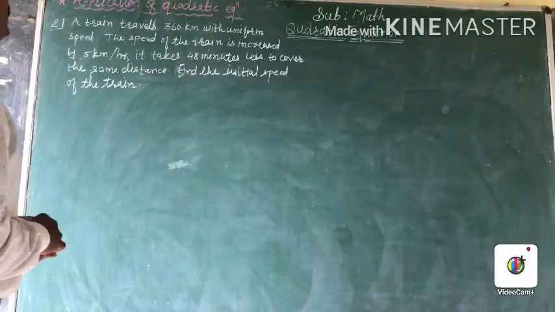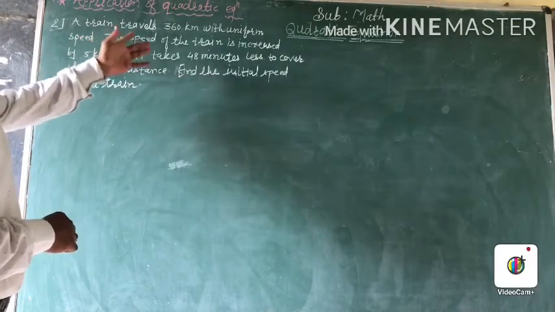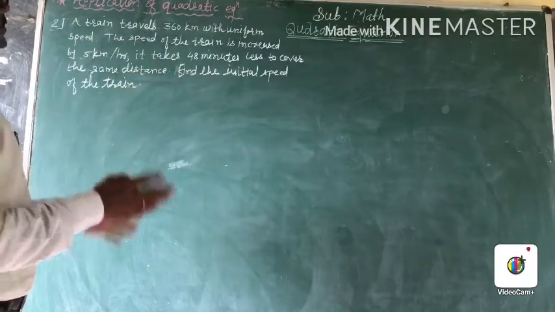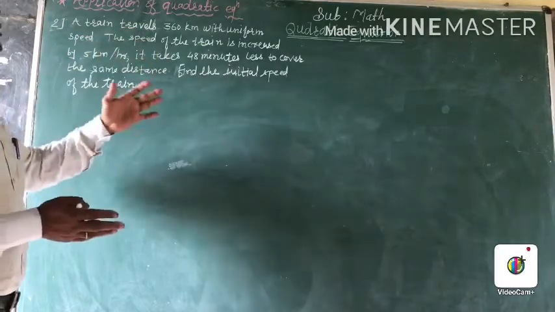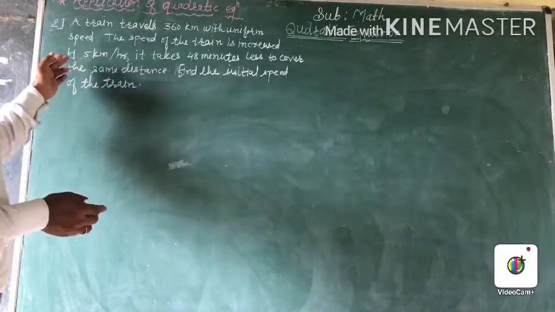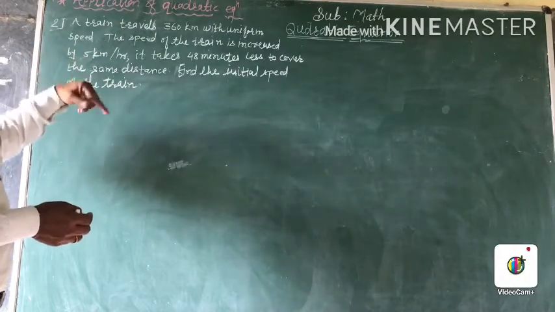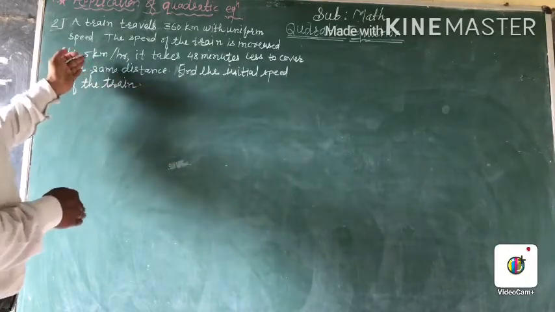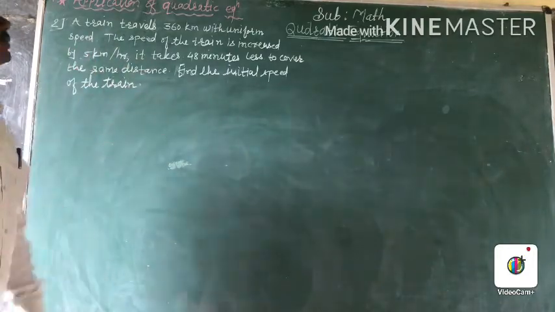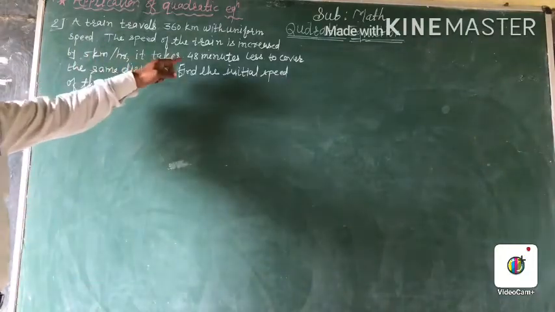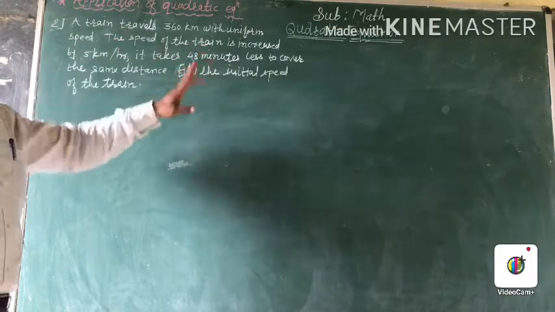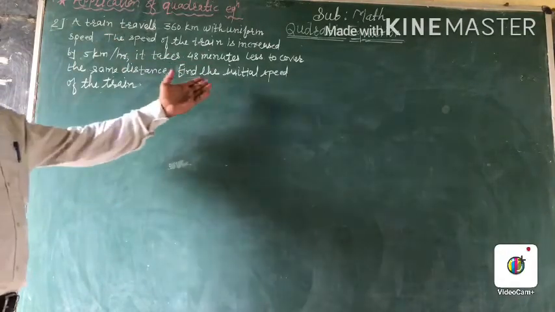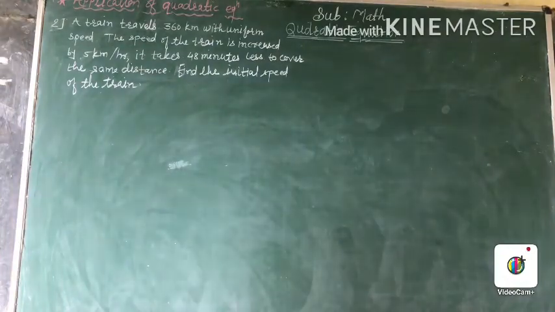First there is the initial speed, and it takes some time. That time is more than the time required by the train if the speed is increased by 5 kilometers. The difference of the time is 48 minutes. We have to find the initial speed of the train.